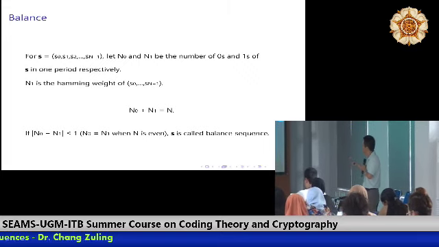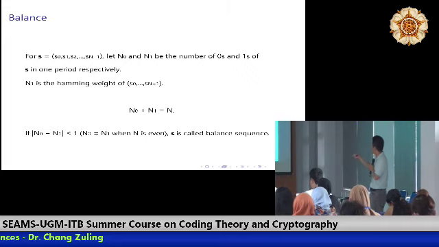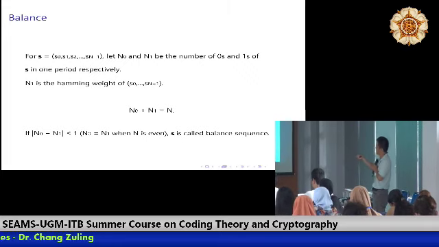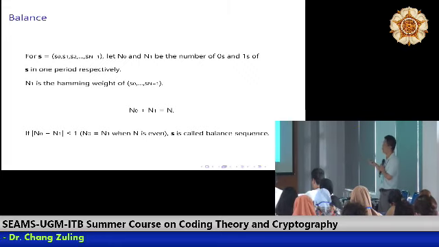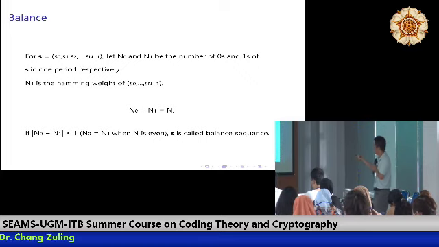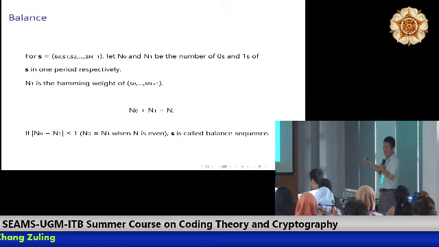Now for the FSR, the state graph is a useful tool. The state graph is a directed graph. The vertices are the n-stage states.